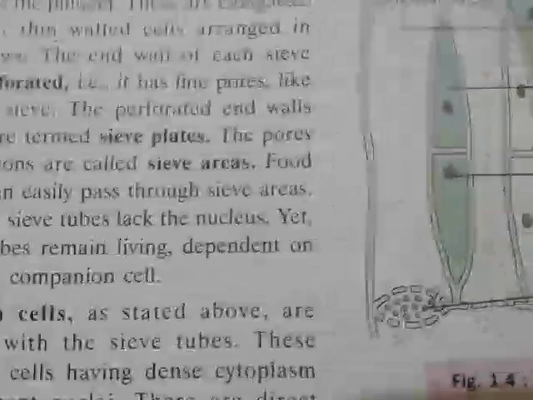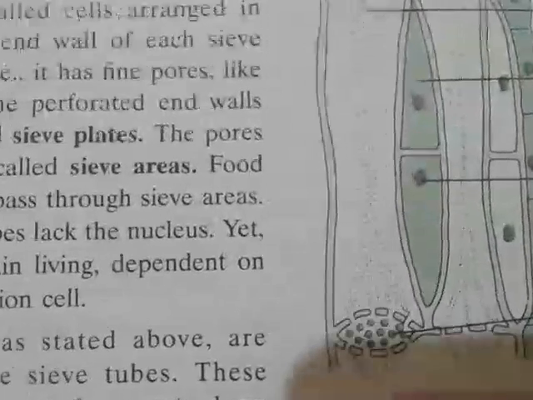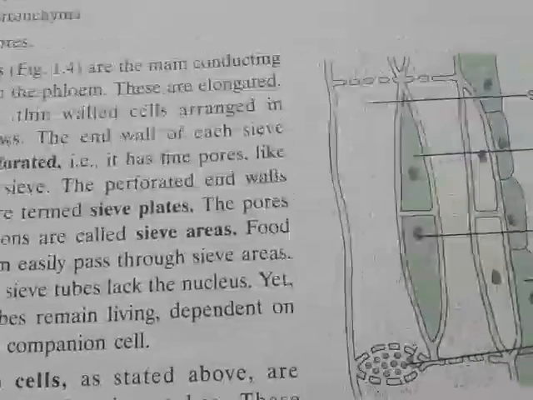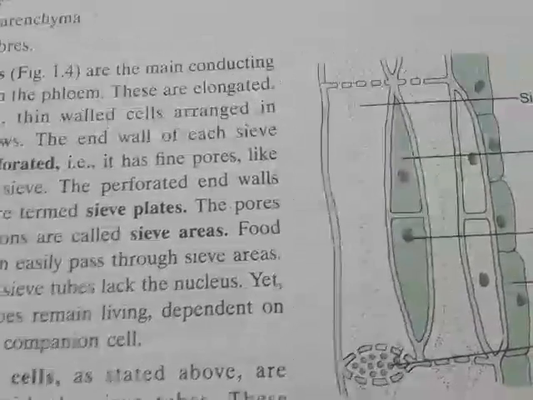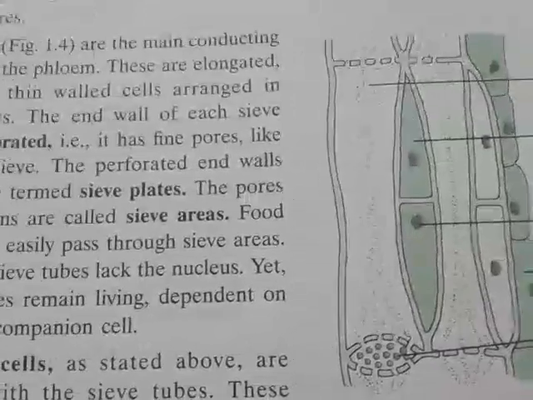So this is the perforated part, and this perforated part is also called the sieve plate. The pores of the perforations are also called sieve areas, and food material can easily pass through the sieve areas. At maturity, sieve tubes lack a nucleus, yet they remain living and dependent on the adjacent companion cell.